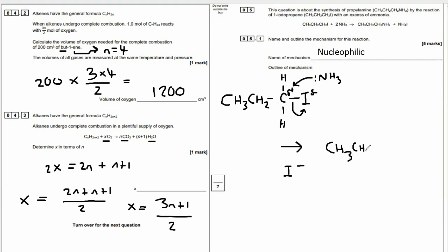This part isn't really getting involved, so I'm just drawing it like that. I've now got CH2 again, but we have, sticking off of this, our ammonia. Now, look at this nitrogen atom here. This is really important in these mechanisms.